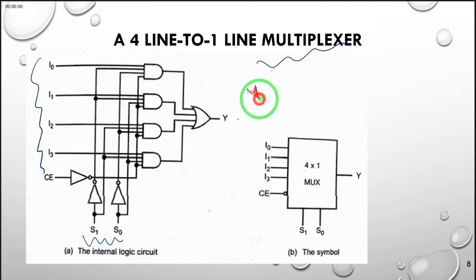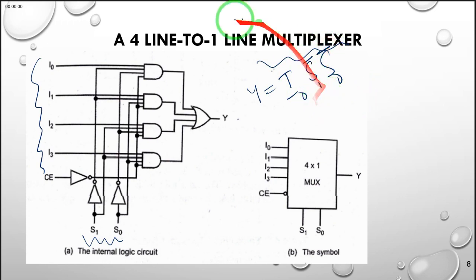For instance, we have said that Y is going to be given by I0 when S1 and S0 are both in 0 state. We can get S1 at 0 state by passing our S1 through the inverter, and we get our S1 bar, and S0 passes through the inverter, we have S0 bar, and our input line comes in here as I0, and for that reason what will be here at the output is this AND operation.